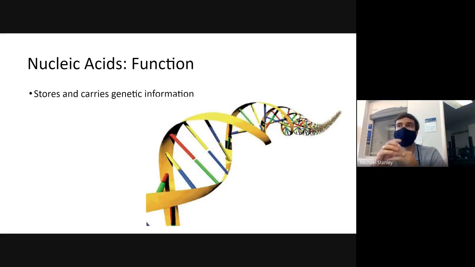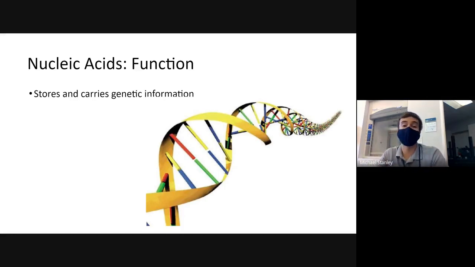But the instructions for how you developed when you were a baby inside of your mom, how you grew after you were born, the color hair that you have, the color eyes that you have, if you're a boy or a girl, if you have a certain disease or something like lactose intolerance or diabetes.